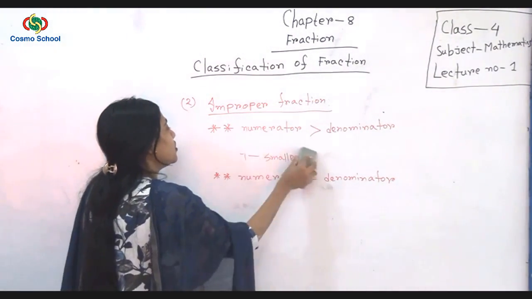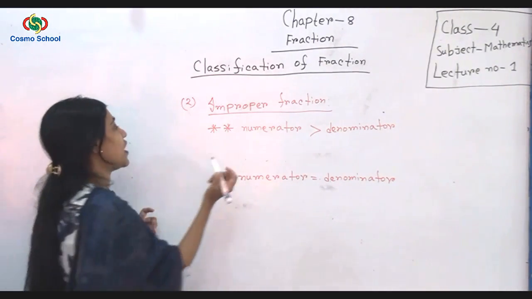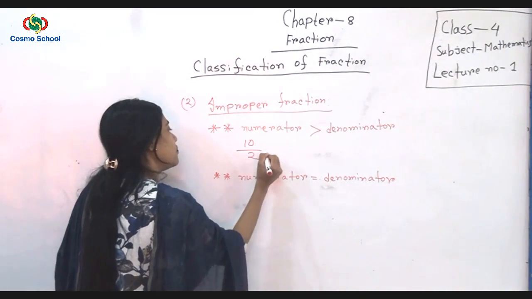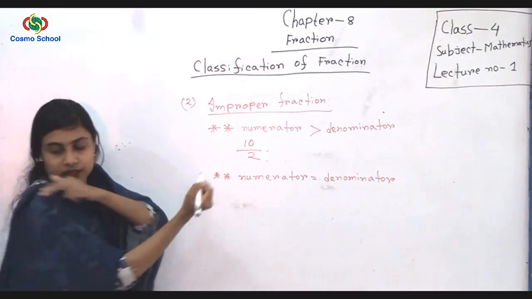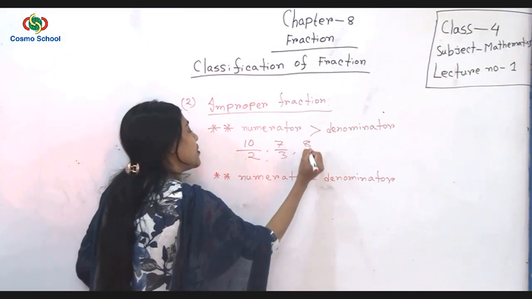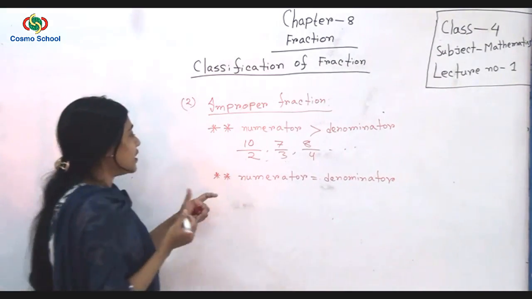Some more examples of improper fractions: 10 divided by 2, 7 divided by 3, 8 divided by 4, etc.